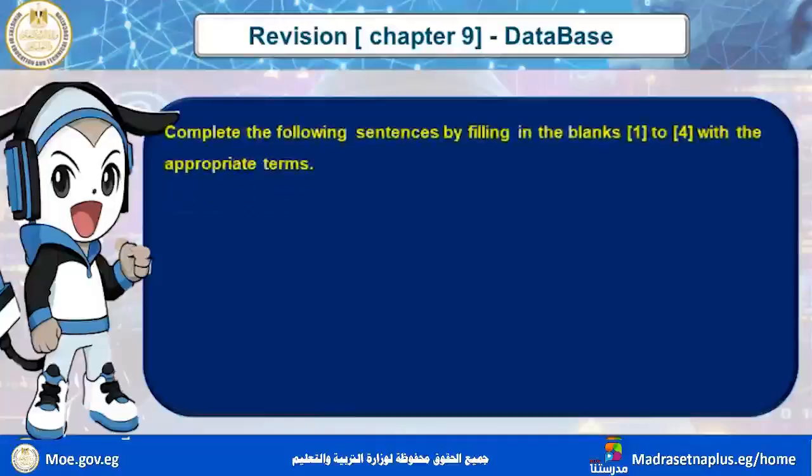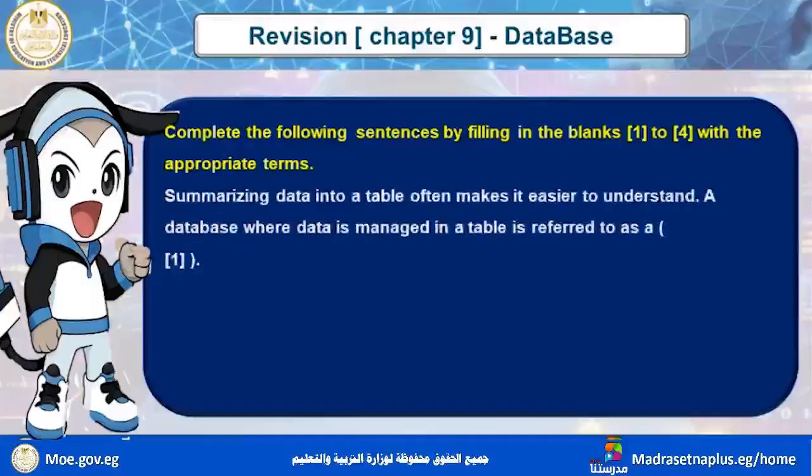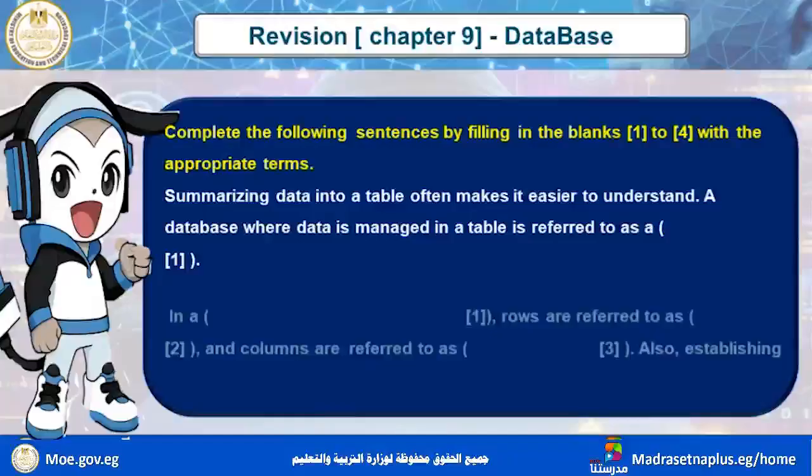Now to a different type of questions. Complete the following sentences by filling blanks 1 to 4 with the appropriate terms. Summarizing data into a table often makes it easier to understand. A database where data is managed in a table is referred to as blank 1.